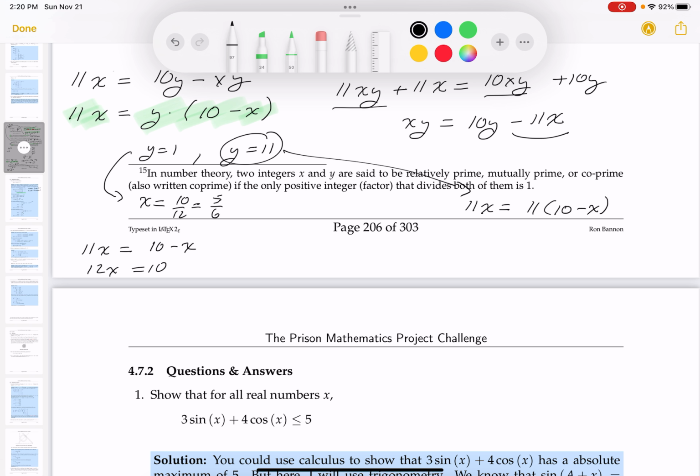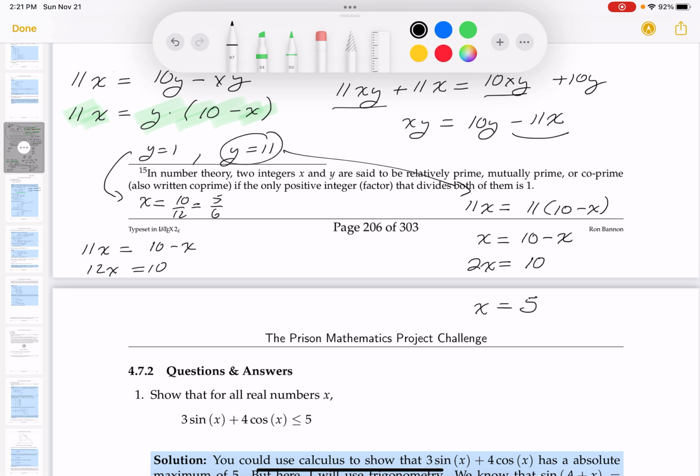Well, I'm going to divide both sides by 11, so x would equal 10 minus x. I'm sure I did that right. Divide by 11. Yep, I'm doing okay. And then I'm going to add x to both sides. That's 2x equals 10. Well, lo and behold, x does turn out to be an integer in this case.